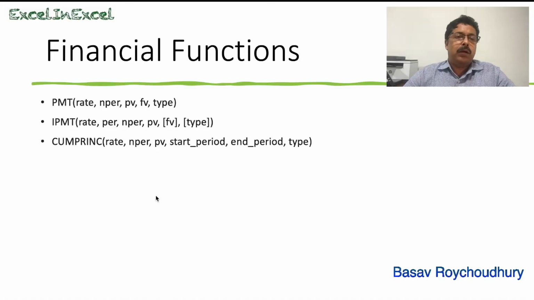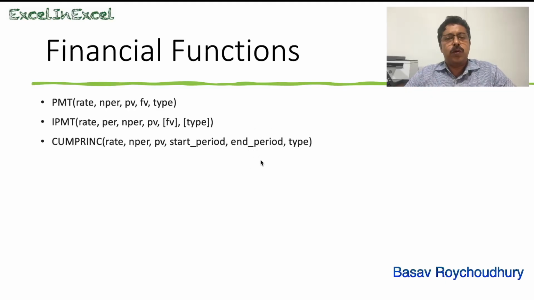Continuing with the next financial function is CUMPRINC, which stands for cumulative principal. And here you see there are rate, N per, PV, and now there's a start period and end period. So for example, if I want to find out what is the total principal that I would have paid in the first year, this function can help me, because for the first year, the start period would be 1 and the end period will be 12.